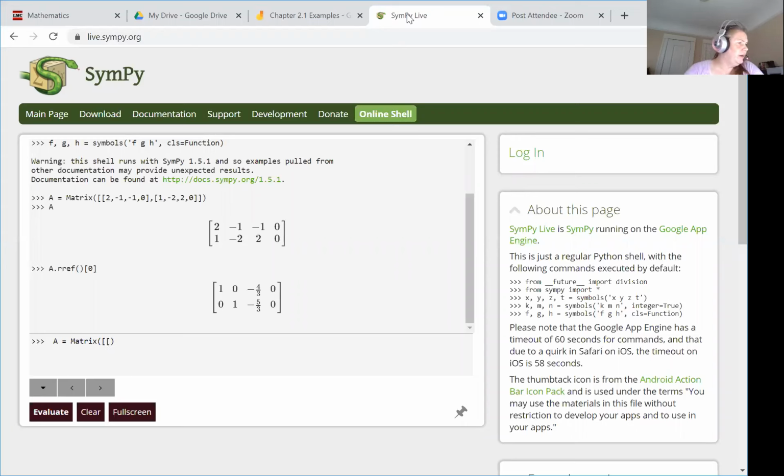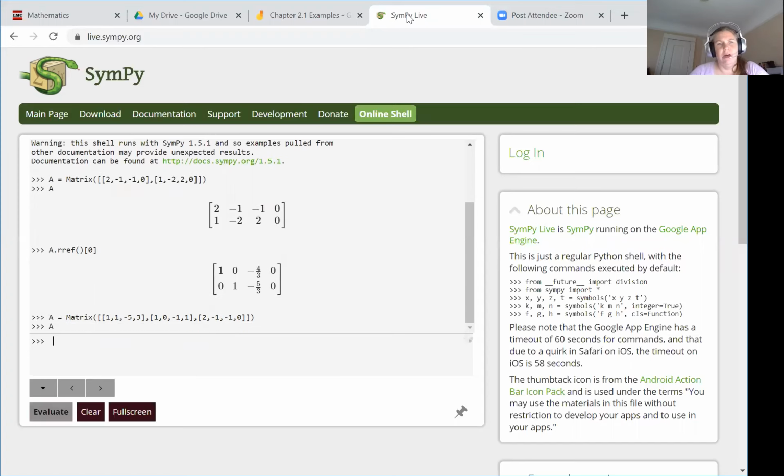And so we'll put in here our first row, 1, 1, negative 5, 3. Our second row is 1, 0, negative 1, 1. And our third row is 2, negative 1, negative 1, and 0.